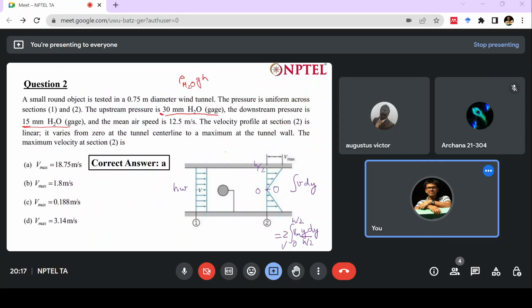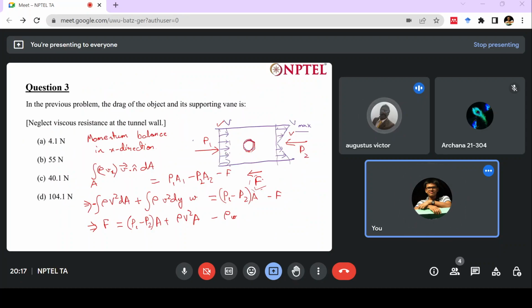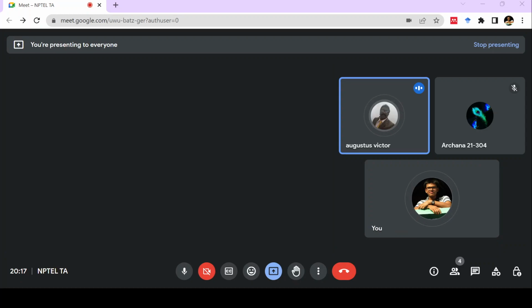So let me use a fresh page. I will prepare a fresh page. I will again draw this figure.